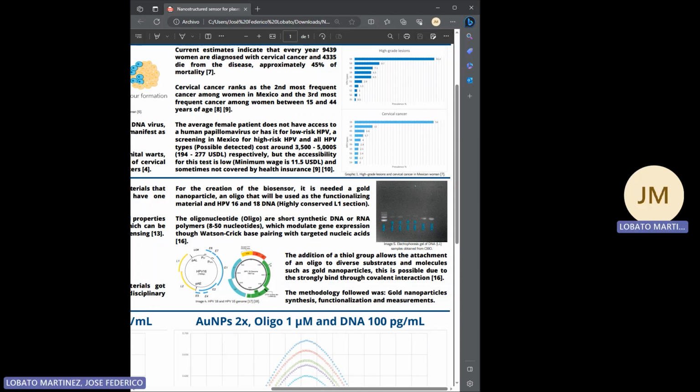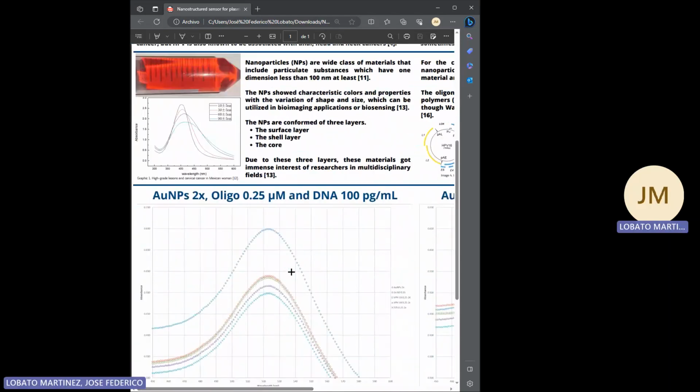When you add this false positive to the functionalized gold nanoparticle, if you get a response, that means the oligo is not base pairing with the targeted nucleic acids that we want. It's targeting a lot of different DNA sections. We only want the oligo and the gold nanoparticle biosensor to attach to the HPV 16 and 18. And we have here our results.